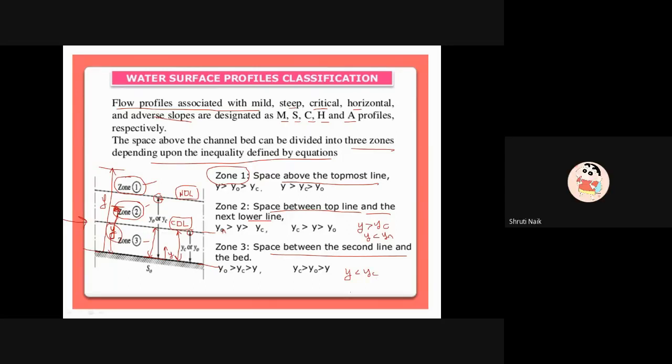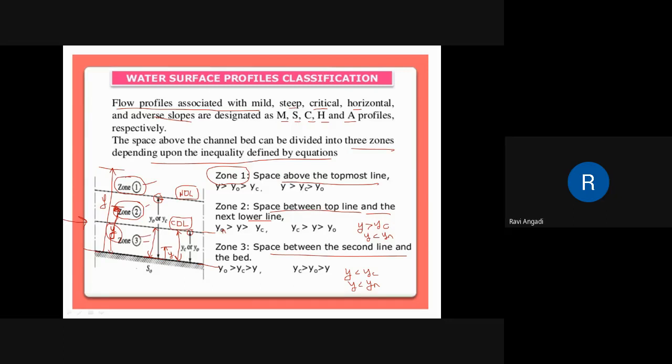Y will be less than Yc, and also Y will be less than Yn, correct? Understood? This Y is below both the normal as well as the critical depth. So this flow is what we call zone 3 flow.